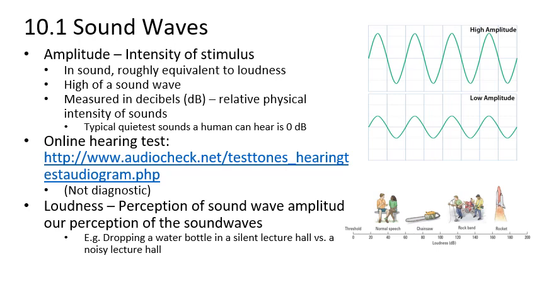We measure amplitude of sound in decibels, which is the relative physical intensity of sounds. And the typical quietest sound a human can hear is 0 decibels. So decibels were created based off of the human hearing system.